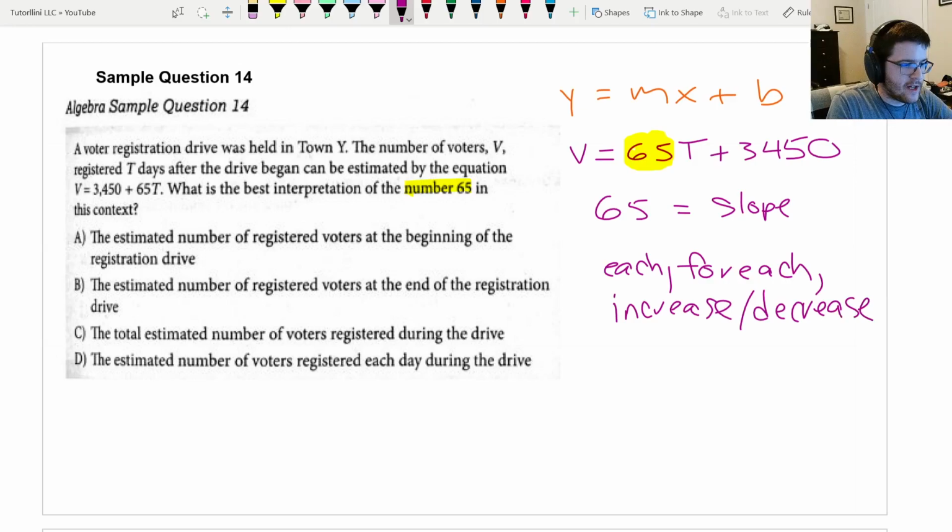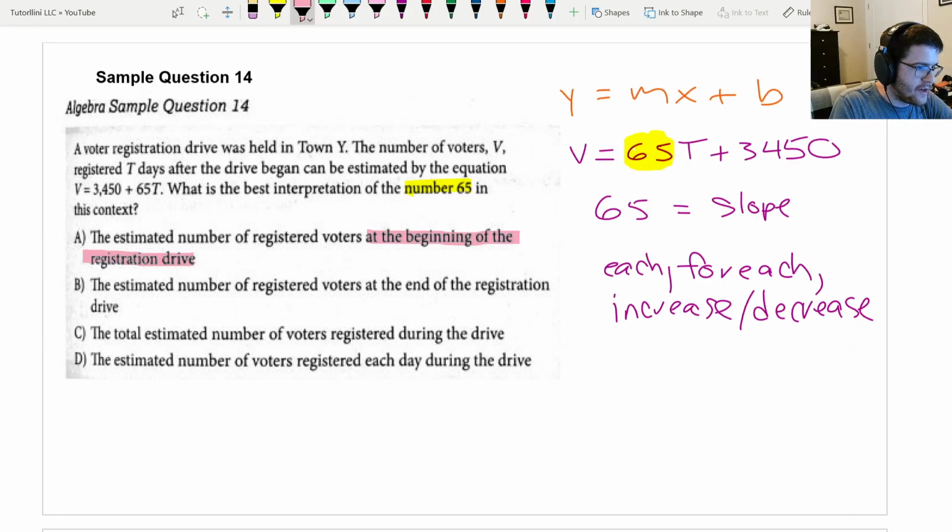So just be on the lookout for that. If an answer choice doesn't have any words that sound like a slope, it's probably wrong. So right away, this one says the estimated number of registered voters. Okay, so that's a V, so that's a y value at the beginning of the registration drive. Okay, doesn't say anything about a rate.